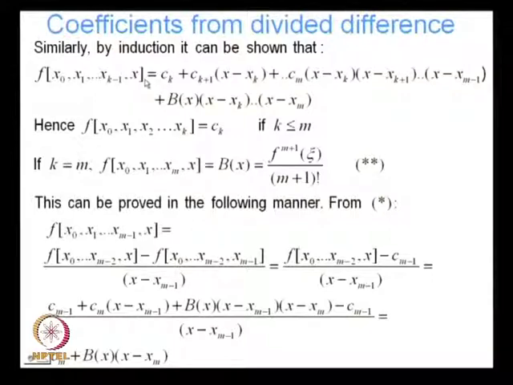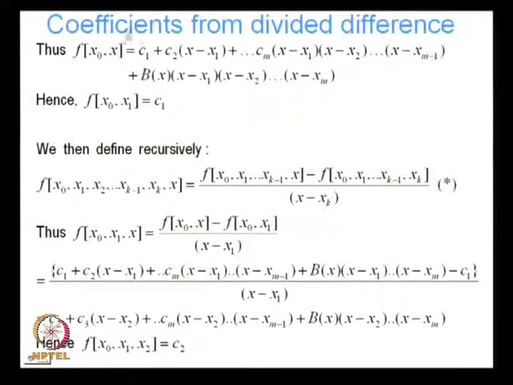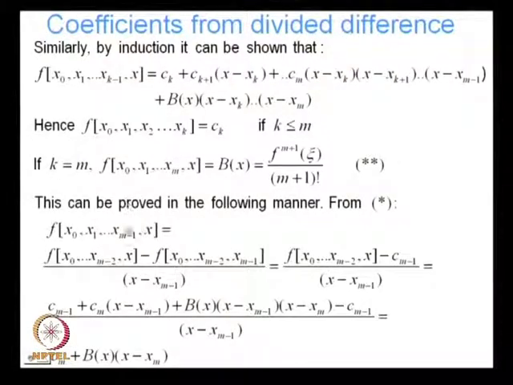You can see that this is going to have exactly the same form as this, and because of this we can write f of x0 x1 x2 up to xk. Again all the terms will vanish except the first term, and that is going to give me Ck. So f of x0 x1 x2 up to xk is equal to Ck if k is less than or equal to m, which is of course understood, because we are interested in an mth order polynomial.